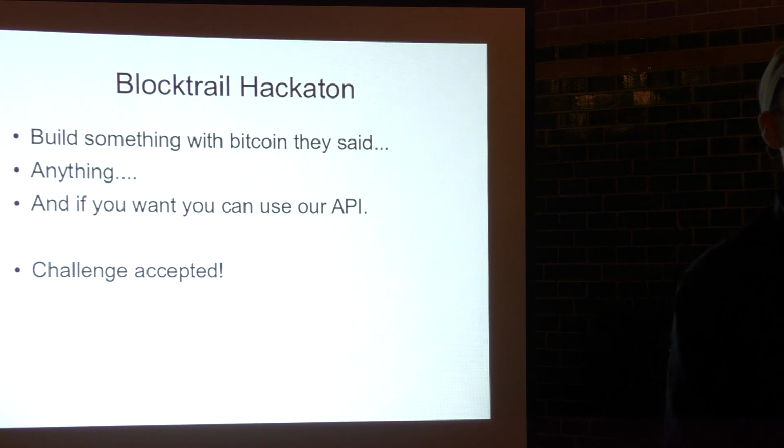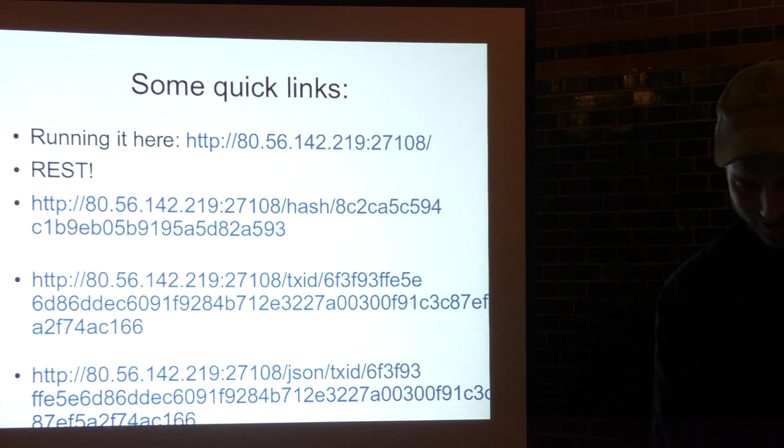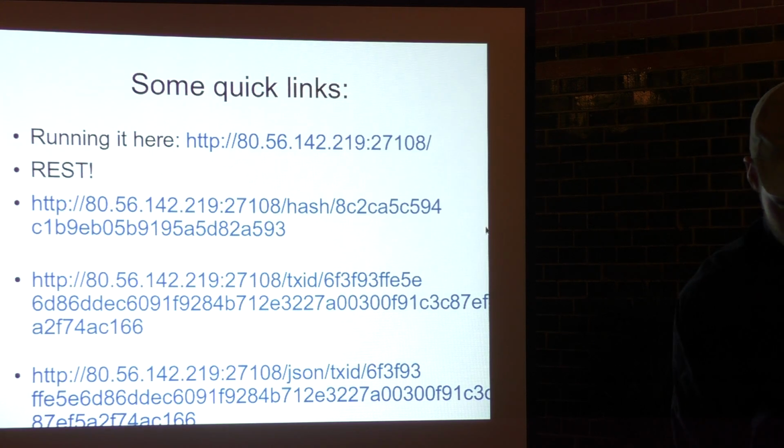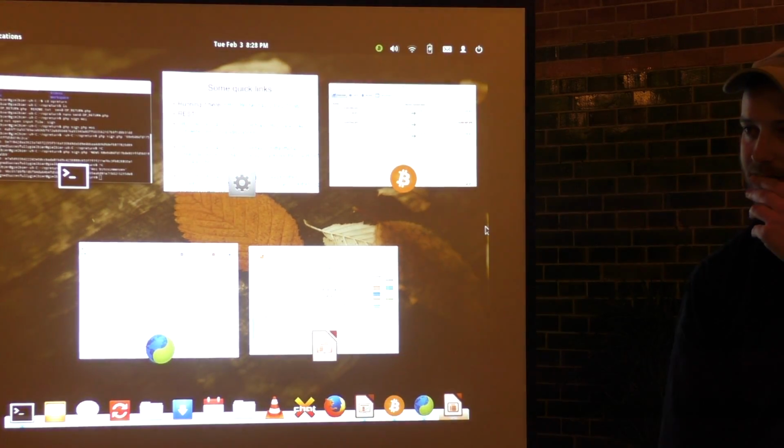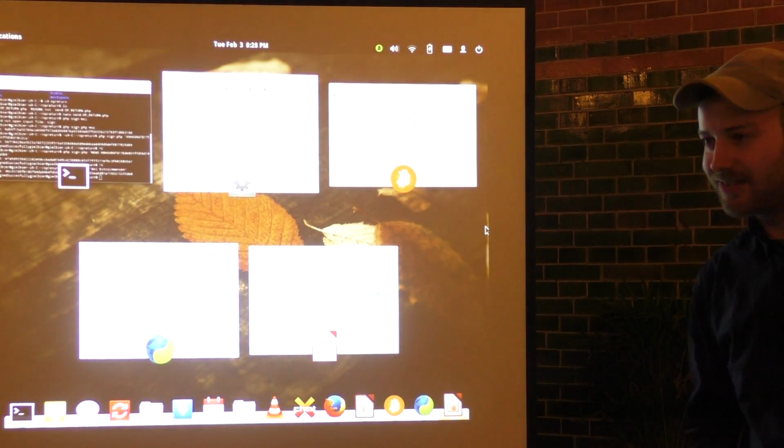Well, then there was the Blocktrail Hackathon. Build something with Bitcoin, they said, anything, and you can use our API. Now, well, I used those. Because which problem do you solve? I'll get to that.